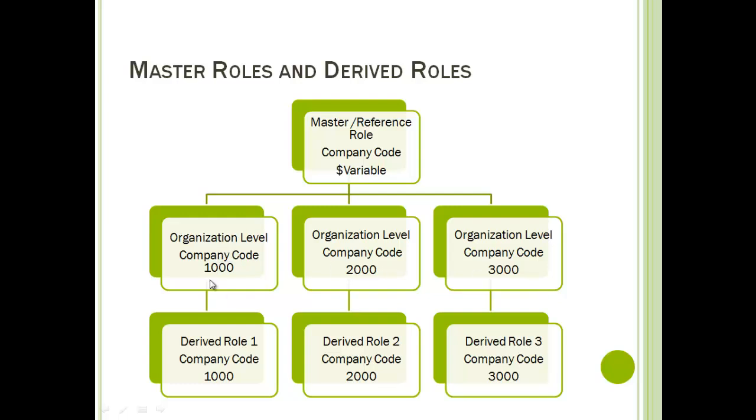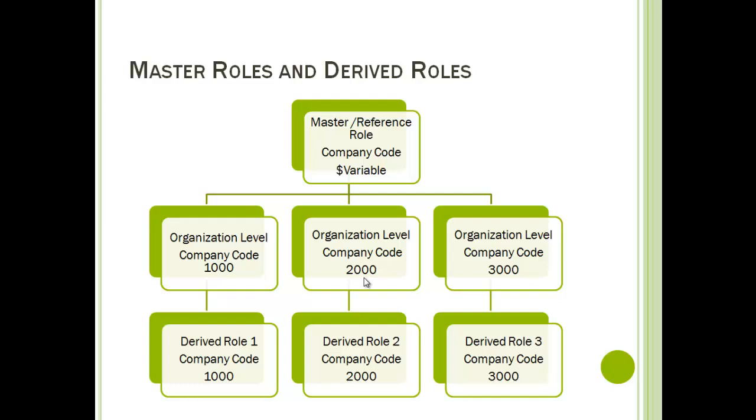For example, company code 2,000 will have a different sales org, a different purchase organization, and a different cost center as well as profit centers. Like this, you can have different organization levels for each derived role.